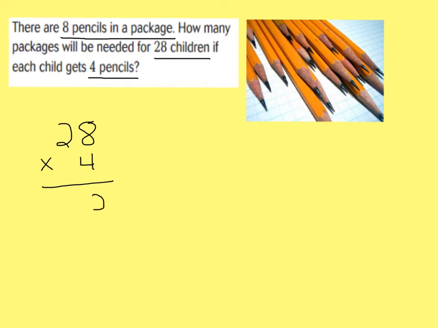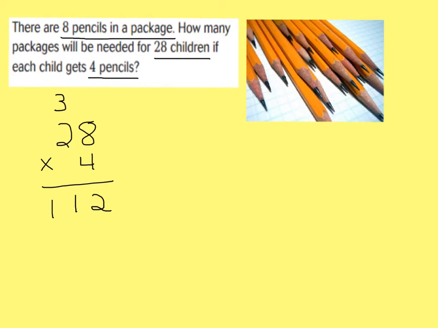I'm going to put my 2 here like this and regroup my 3. Then I need to multiply 4 times 2, which is 8, plus the 3, which is 11. So I need a grand total of 112 pencils for each child to have 4 pencils each.